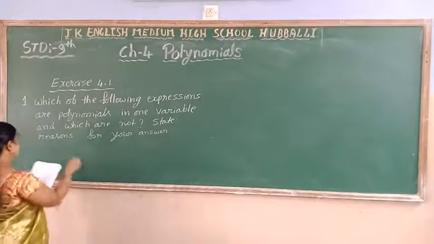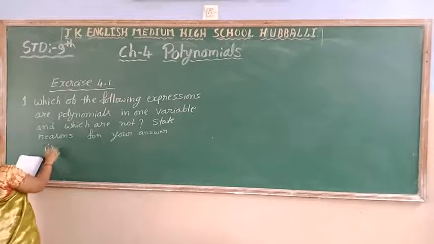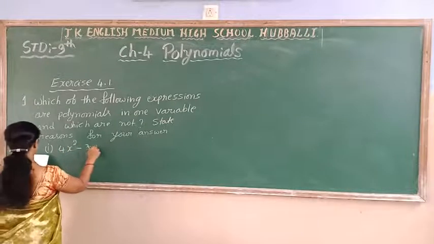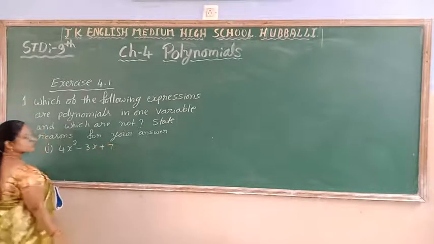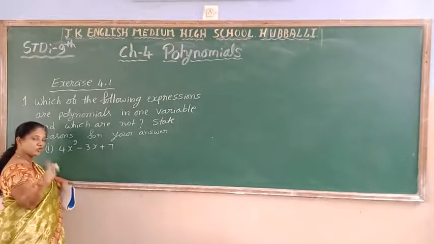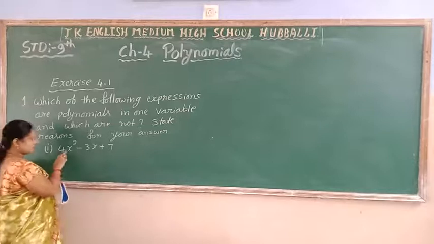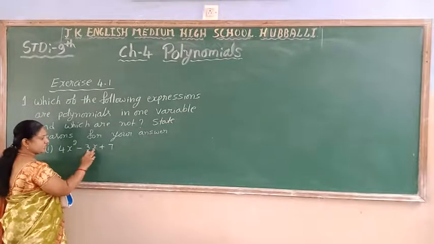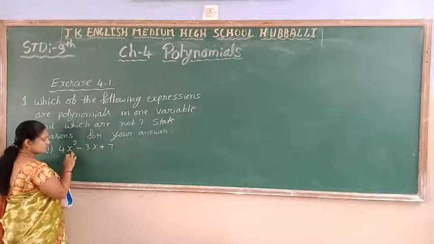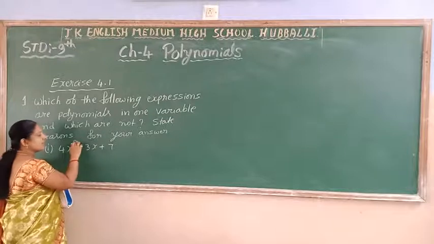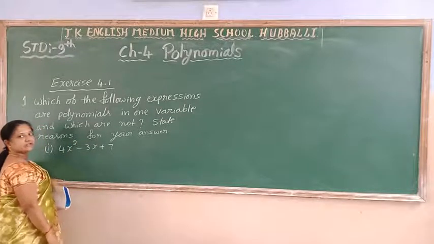So first one is 4x square minus 3x plus 7. I already explained the general form of a polynomial. Now you observe here in this algebraic expression only one variable is used, that is x, and the powers are in decreasing order.